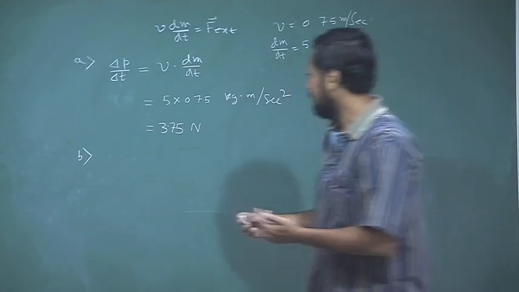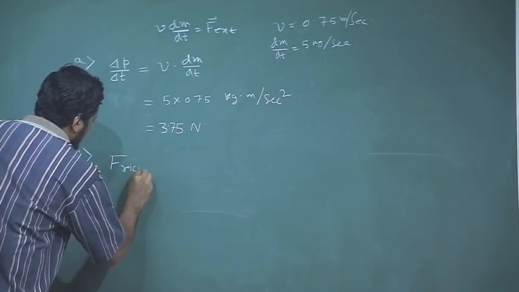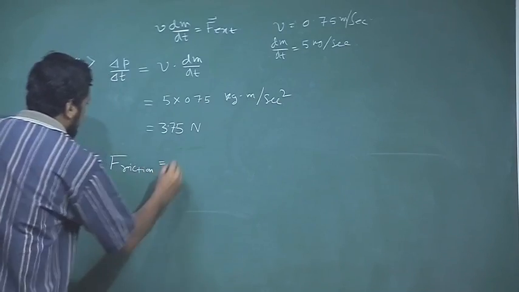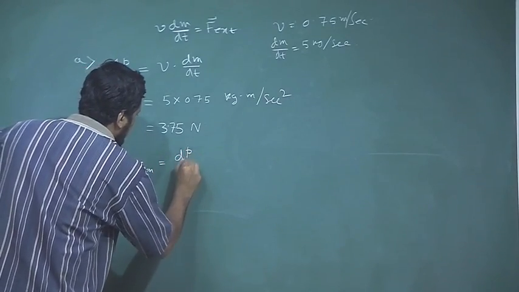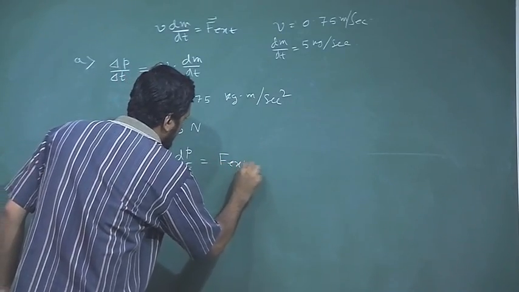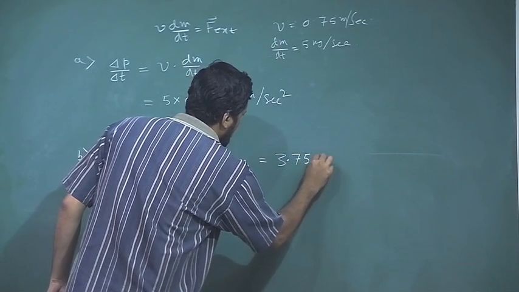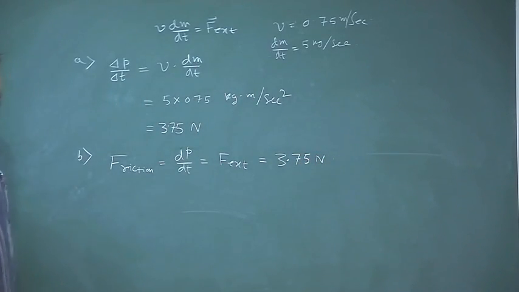So, that means the frictional force F friction will exactly be equal to dp/dt in this case, which will be exactly equal to F external, and all these numbers are the same, 3.75 Newton.